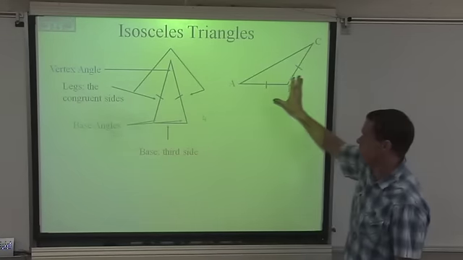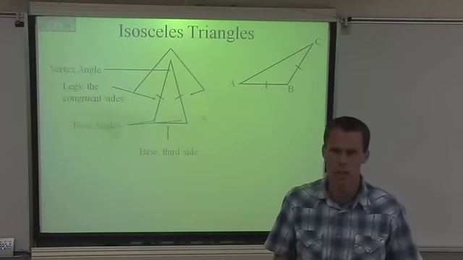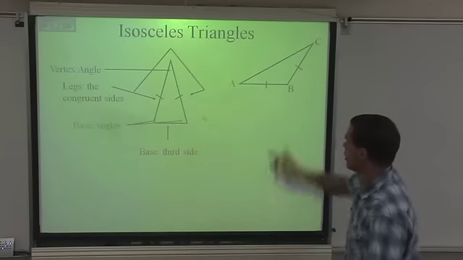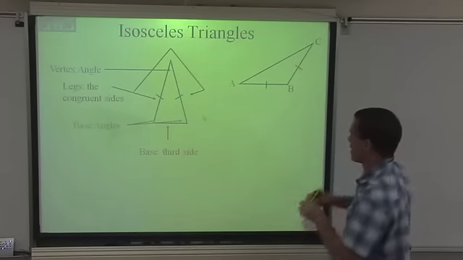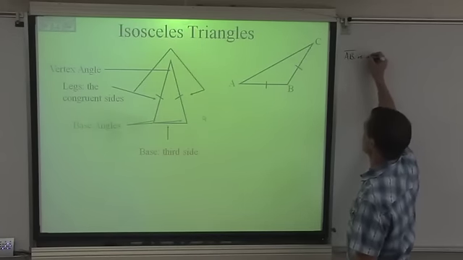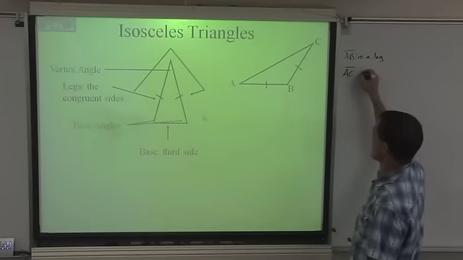Second example over here. If you had to identify the parts of this triangle, it is very, very important to make in your notes that AB is not the base. Segment AB is a leg. The base is AC.